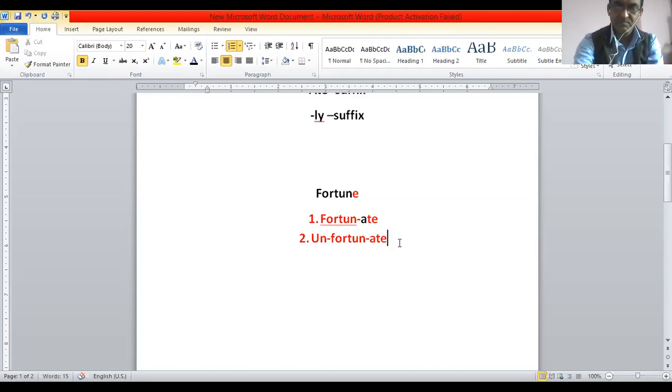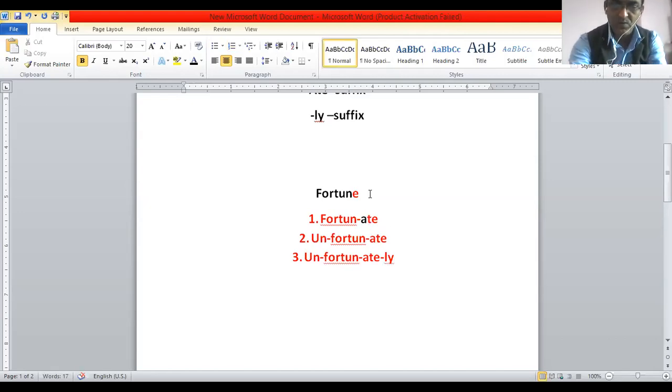Then we have unfortunately. So the order of adding the affixes is, we have added ate.